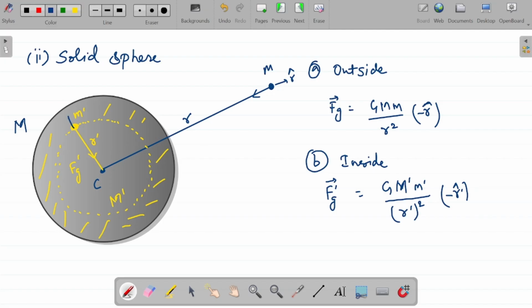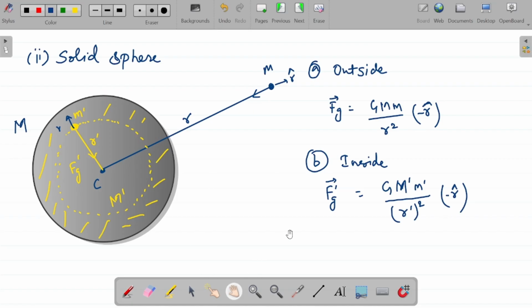If we are taking this direction to be the direction of r cap, the direction of r cap and r cap prime will be the same, so no need to write this specifically here. So we can write only r cap.